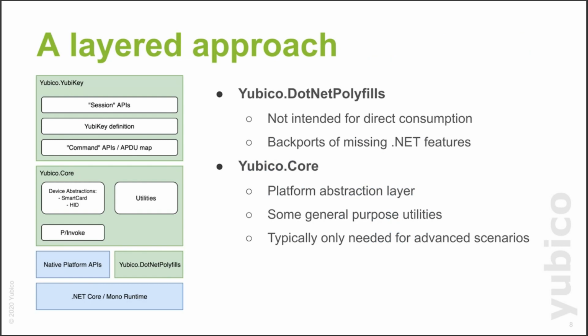The SDK is actually comprised of three modules: the YubiKey library and two support libraries. The first of these support libraries, .NET Polyfills, is not meant to be used for direct consumption. Since the SDK targets .NET Standard 2.0, we needed to fill in some library gaps to allow us to use most of C# 8's new features.